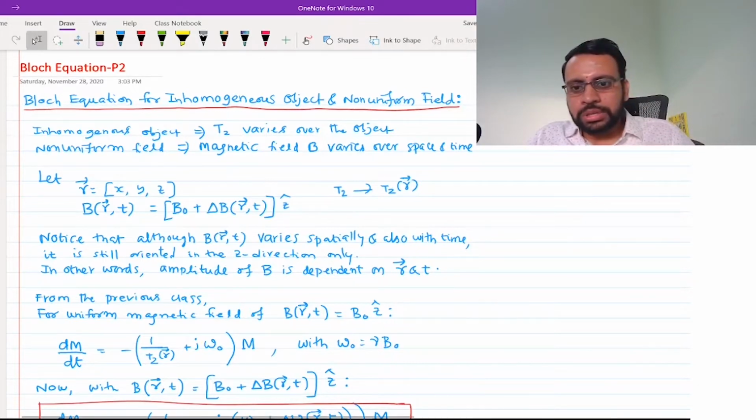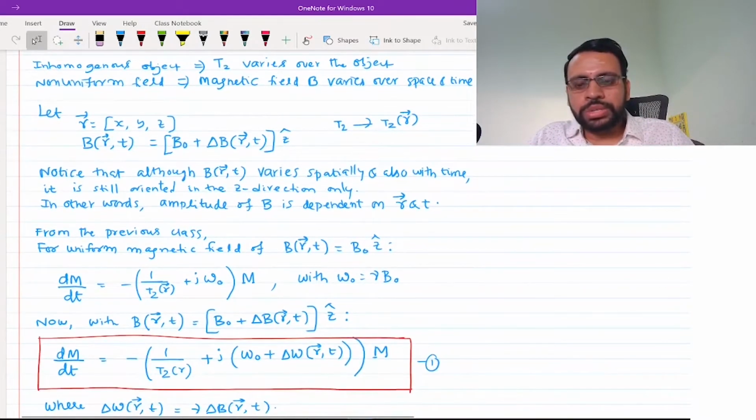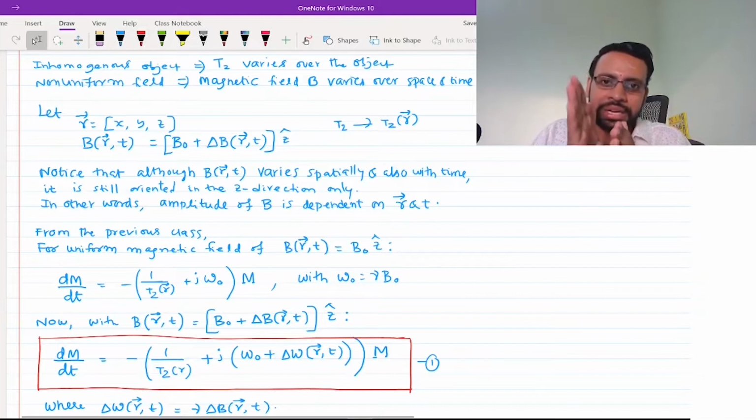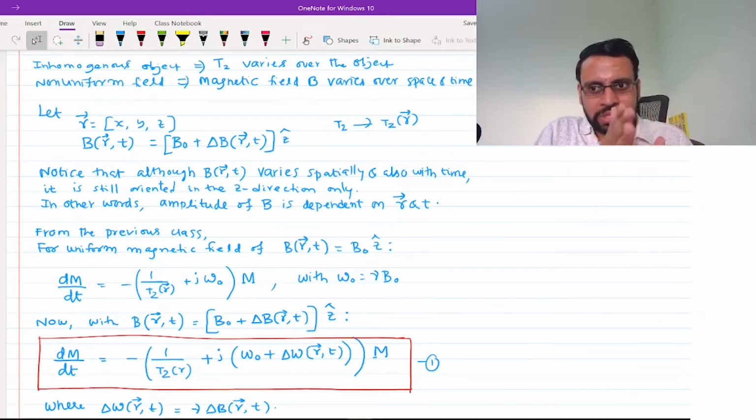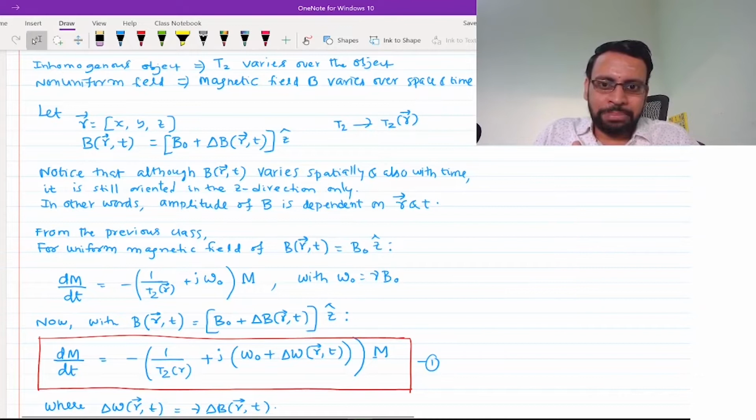Now pay more attention to how this magnetic field is there now. This magnetic field is dependent on X, Y, Z as well as time, space and time. So this R bar is accounting for space, T is accounting for time. And make a note here, you have a Z cap here. This is the amplitude of this vector in the Z direction.